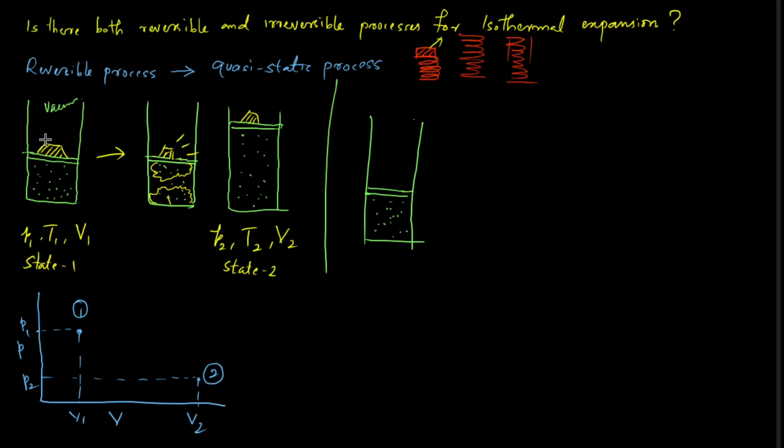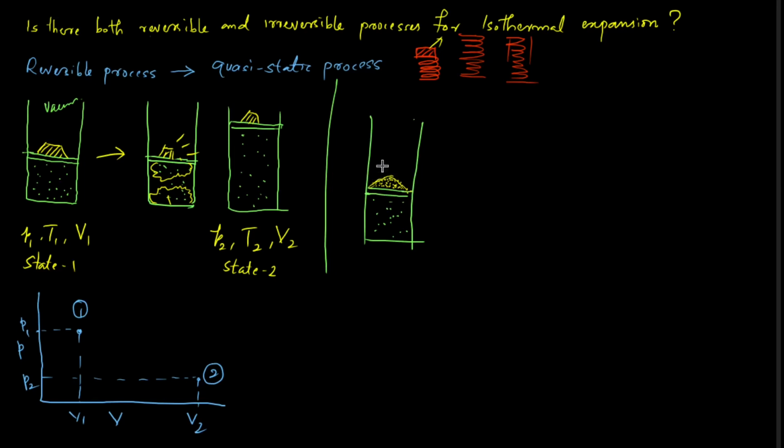Instead of having this single weight, here I have, let us say, the same weight, but it is like a heap of grains of sand. We have some sand here that amounts to the same weight we had shown here, but instead of a single block, we have grains of sand. So what is the difference between these two?